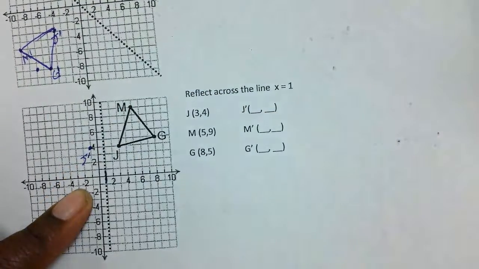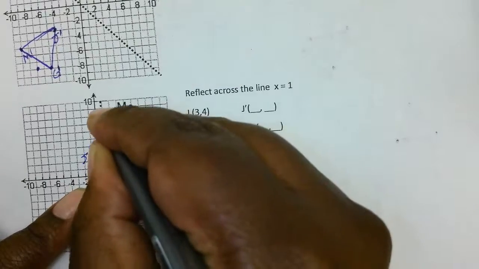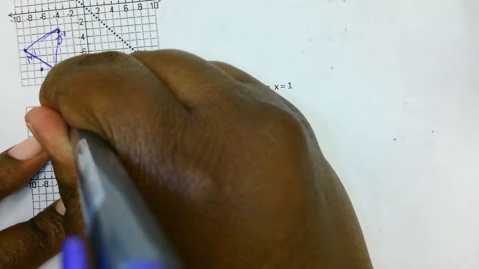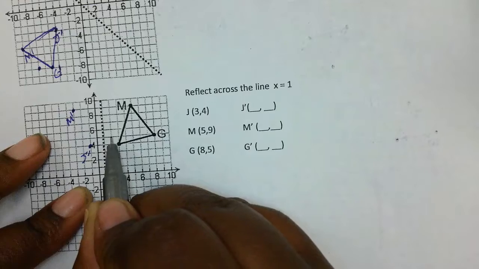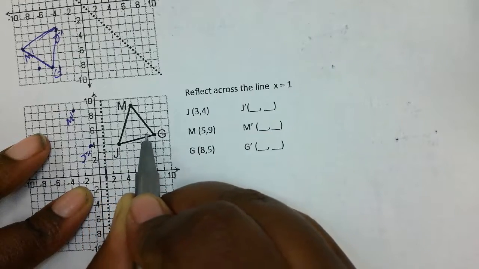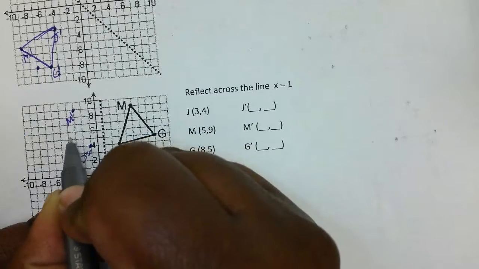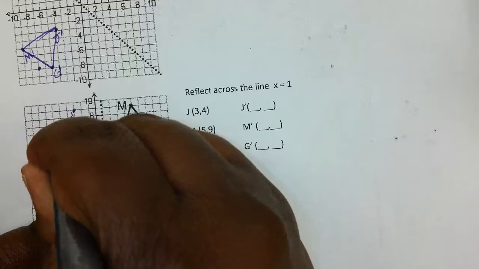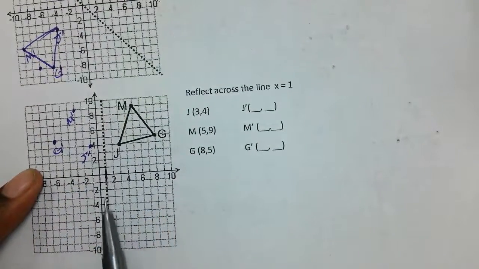No rule for this, you just count. M is 1, 2, 3, 4 to the right, so I go 1, 2, 3, 4 to the left. G is 1, 2, 3, 4, 5, 6, 7 to the right, so I go 1, 2, 3, 4, 5, 6, 7 to the left. And remember, you are moving from this line of reflection.